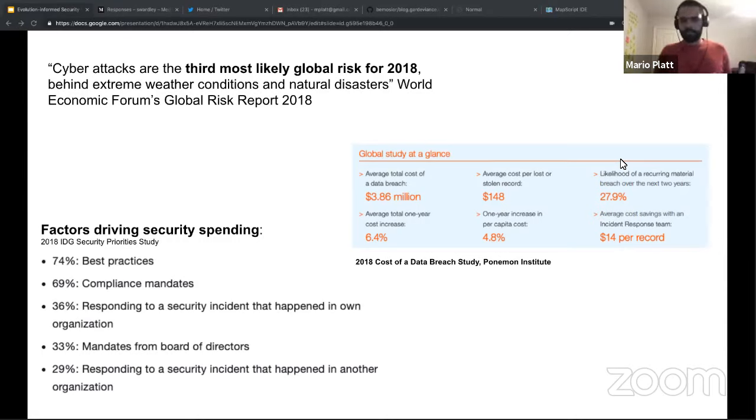And we will get back to that in a bit, but in terms of how the industry is spending its money, we can see a few interesting statistics here as well. Most of it, 74% of organizations, are spending it on best practices, and 69% on compliance mandates.